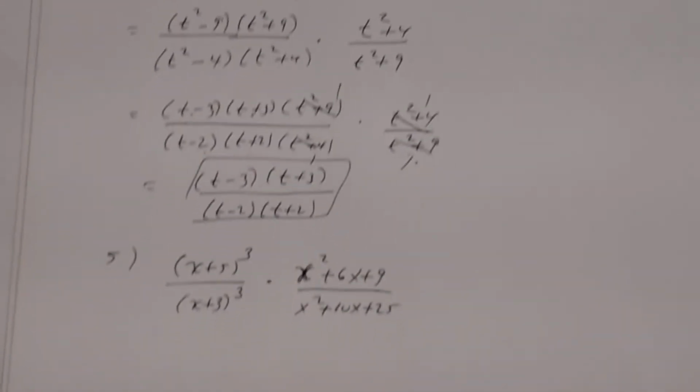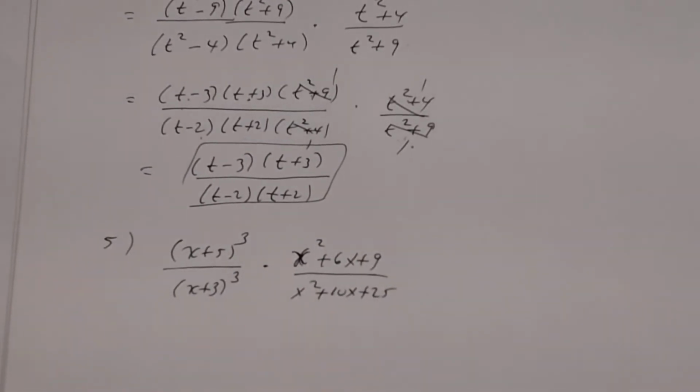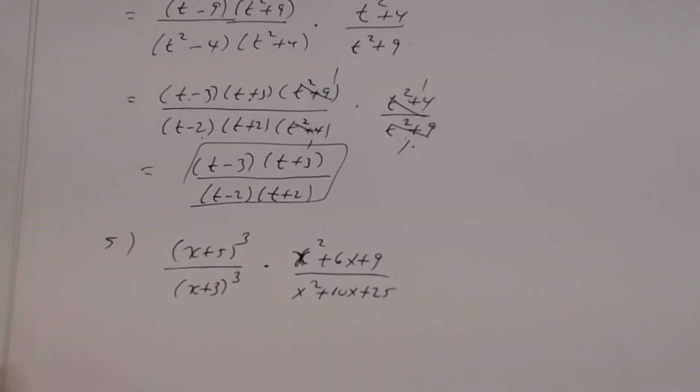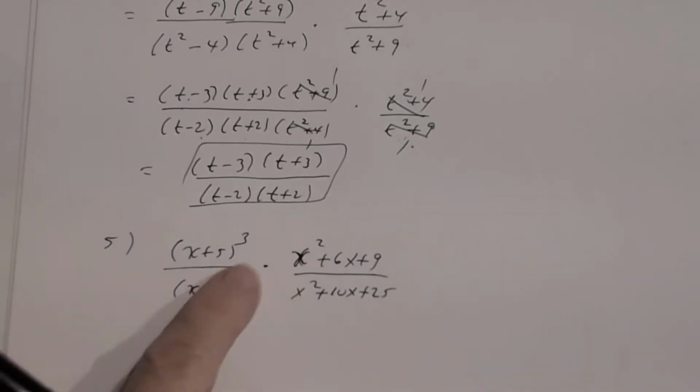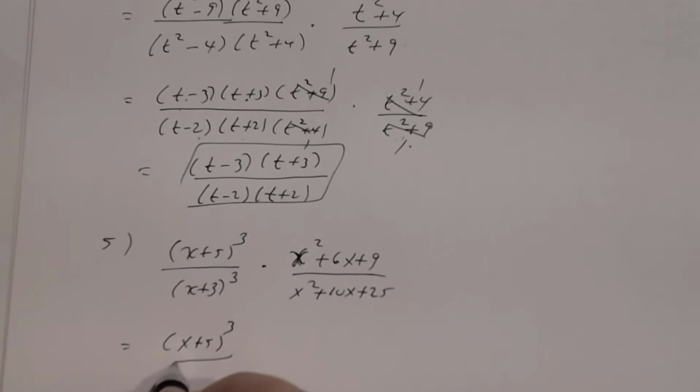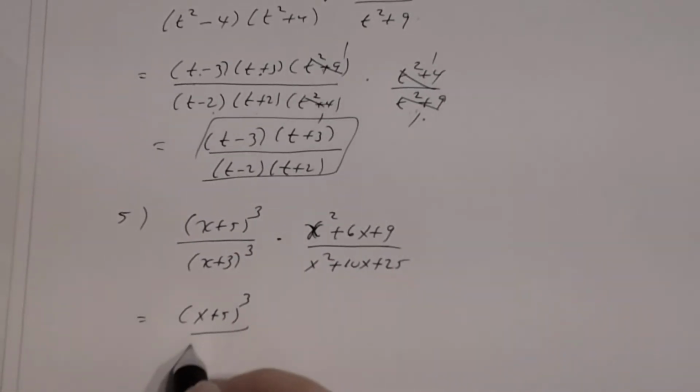Okay? All right, so the first step again is to factor. Now notice that this numerator and this denominator is already listed as a product of factors. So x plus 5 to the third power, x plus 3 to the third power. So I'm just going to go ahead and rewrite this over. So I get x plus 5 to the third. And in the denominator, I get x plus 3 to the third.